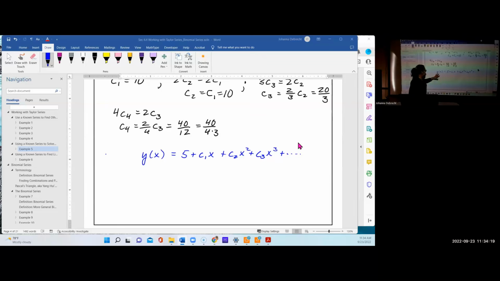Okay, so now we've got our expression for y of x, which you can see right here, and we want to replace c1, c2, c3, c4, and so on with the constants that we found up here. And then we want to see if we can find a pattern, if this is actually some known power series in disguise. And in fact, it is a known power series in disguise.